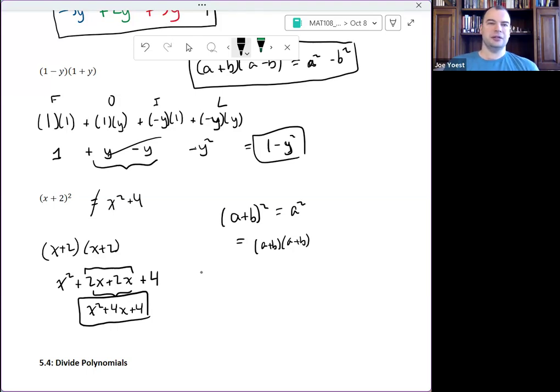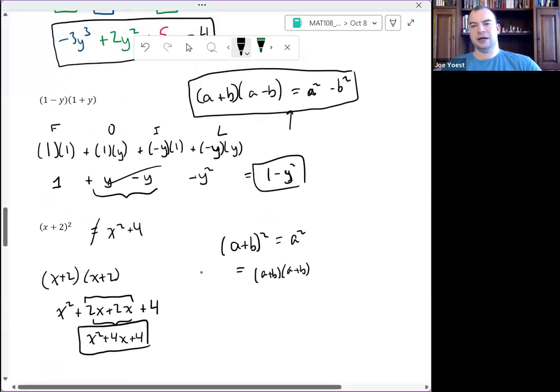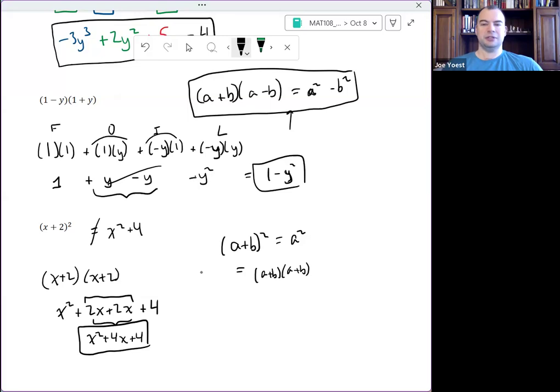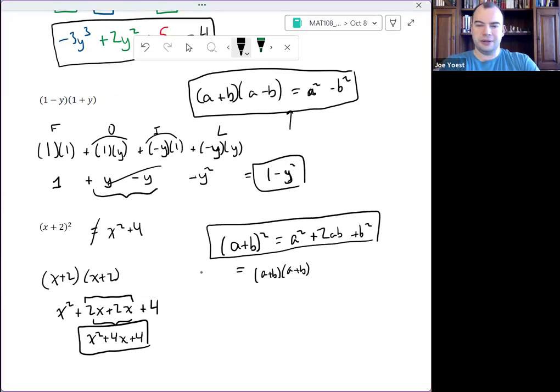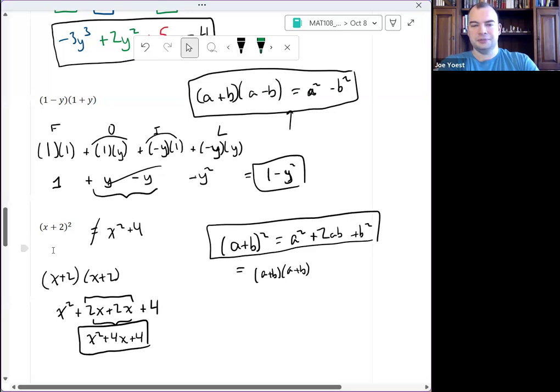For these perfect square polynomials, the outer and inner terms always end up being exactly the same with the same sign, rather than up here where I had the outer and inner ending up exactly the same, except with different signs. So I have a plus ab plus another ab, that's plus 2ab, and then plus b squared from the lasts. So that's another good pattern to recognize.